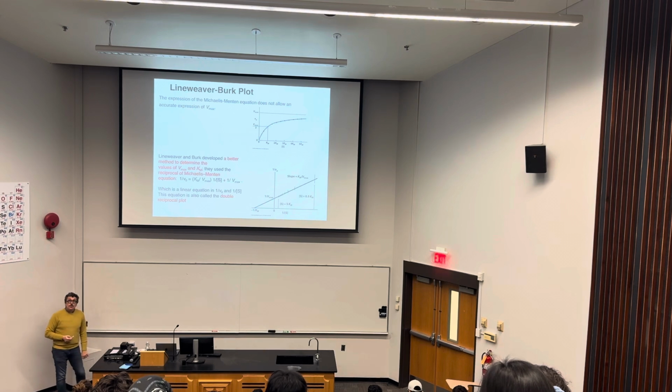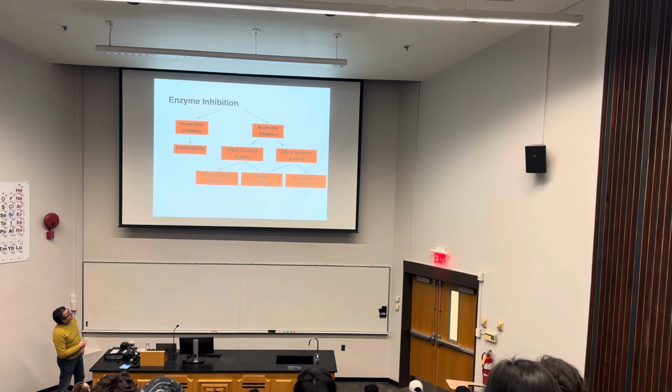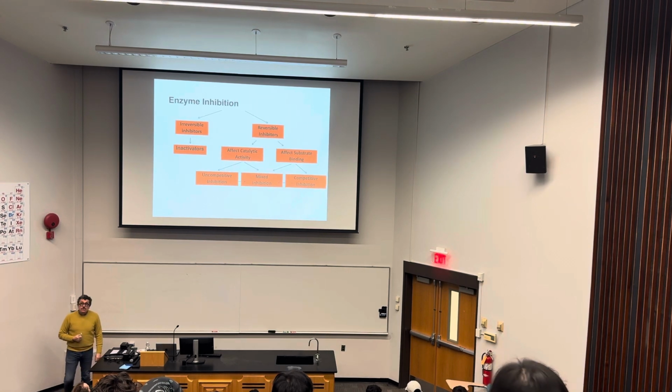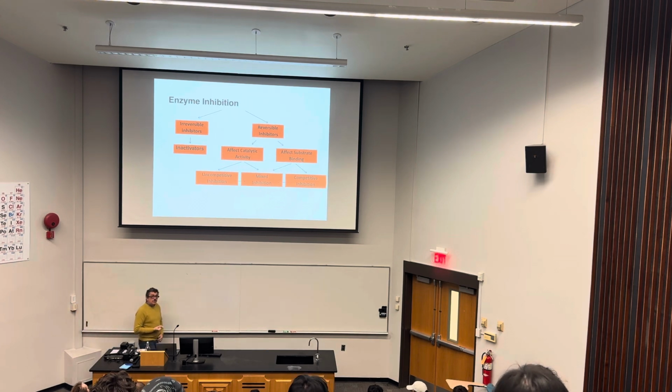So, what can we do with this? The slope also identifies Km divided by Vmax, which we can use to study graphically how inhibitors of enzymatic reactions work.